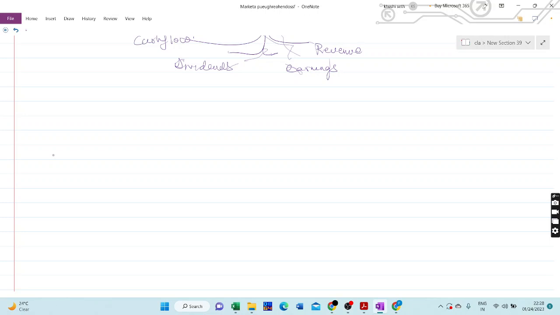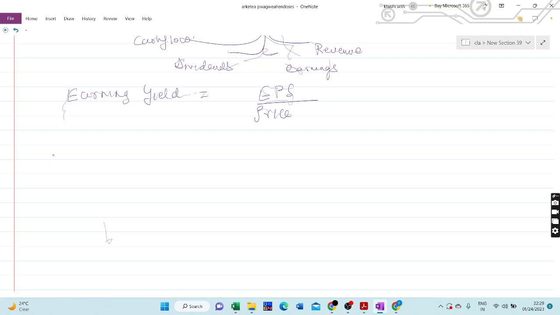Now, what is earning yield, guys? Any idea what is earning yield? So, earning yield is equal to the EPS of a particular company divided by its stock price. Please note down, earning yield is EPS, earning per share of a particular company, divided by its stock price.